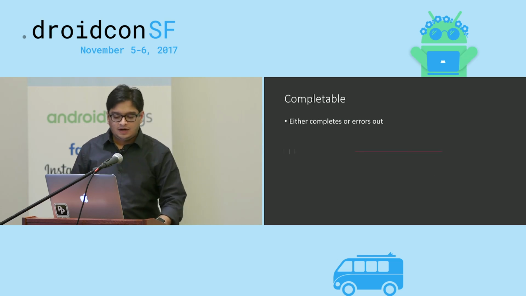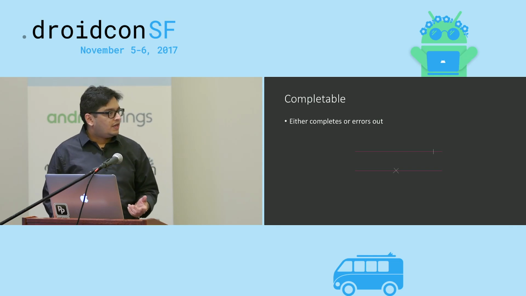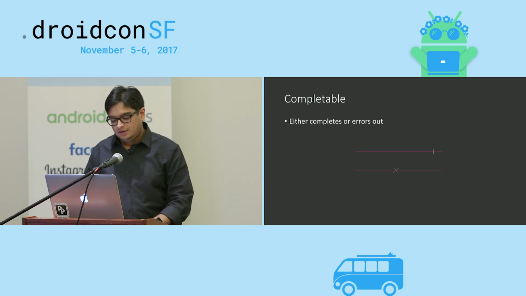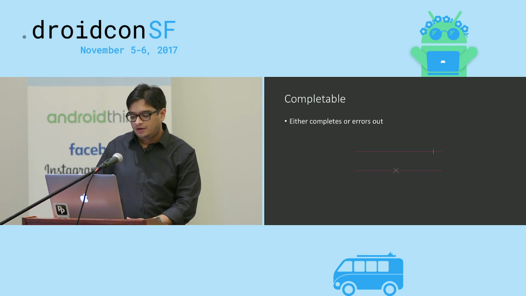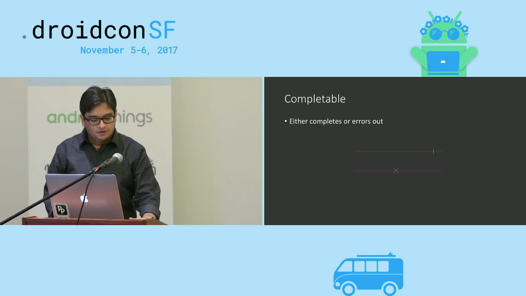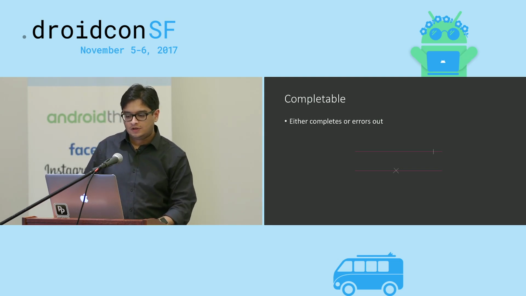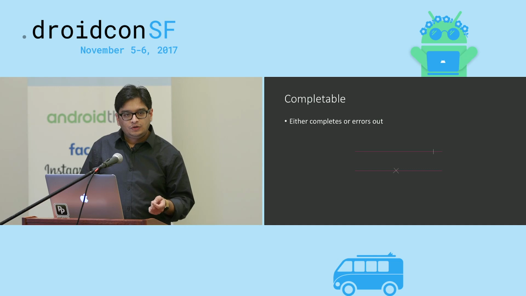And Completable is the simplest one, where there is no emission as such. Either it's going to complete without an error, or it's going to error out. We generally use Completable for fire-and-forget requests, wherein you're making an API call and you don't care what the response body is. All you care about is whether it was successful or did it error out.